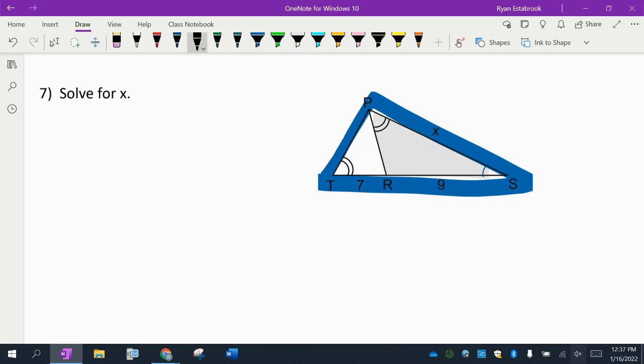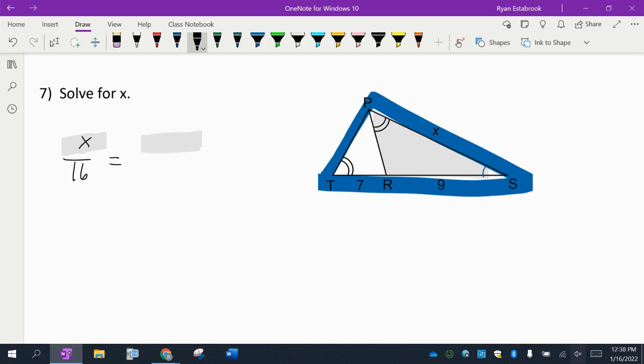So those 2 triangles are similar to each other. Let's start with the gray. The gray has the length of x in it. x is the side in between the double and single markings. So in the blue triangle, it's corresponding to the side between the single and the double markings, which would be the entire length TS. 7 plus 9, that's 16.